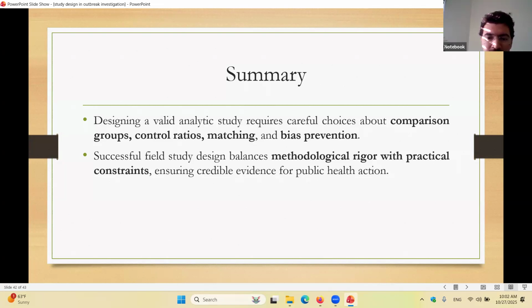And in analytical studies, we have cohort and case control studies to test our hypothesis.